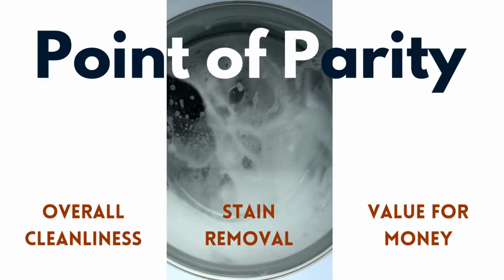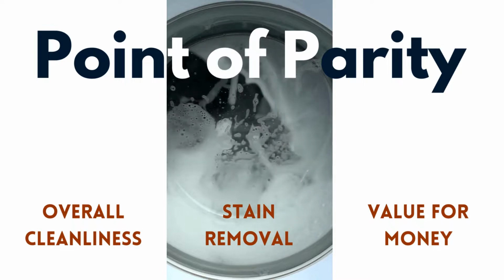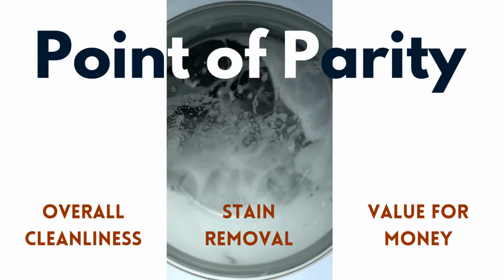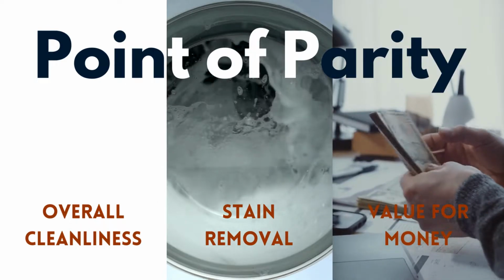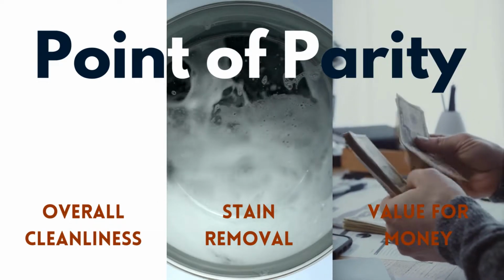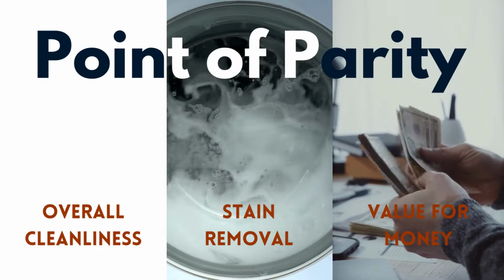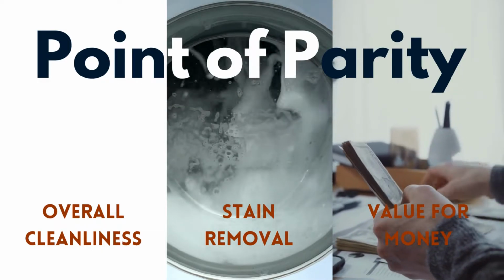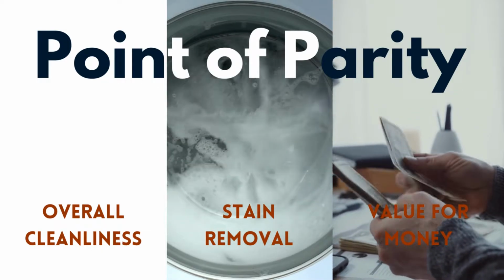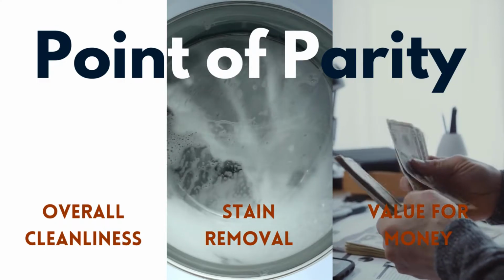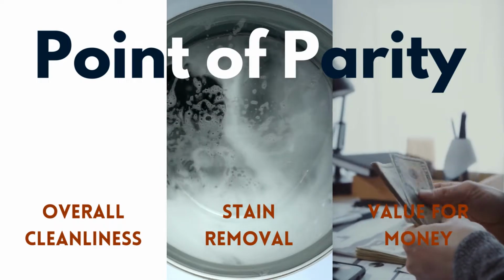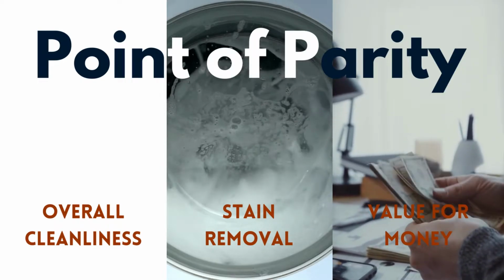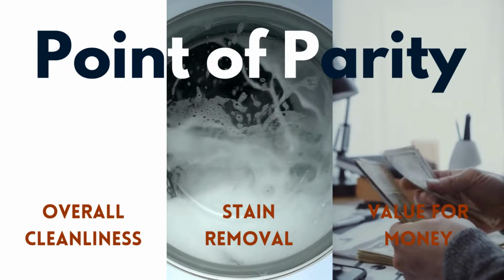Now stains can be removed on fabric also. And on value for money, 1 kg of Rin costs around 70 and Tide is 90. Both provide value for money. Rin and Tide both score more than 95 points on safety.